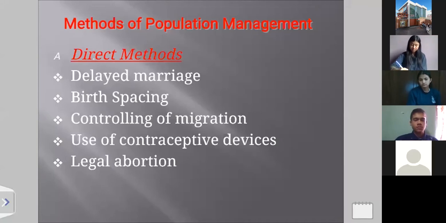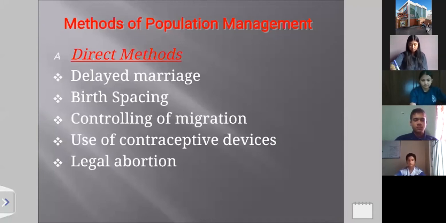For birth spacing, the couples, especially the husband and wife, should make a plan for the gap before having a second baby. Birth spacing also helps to minimize the birth rate for certain years. That means it helps to manage the population and control the rapid population growth rate.